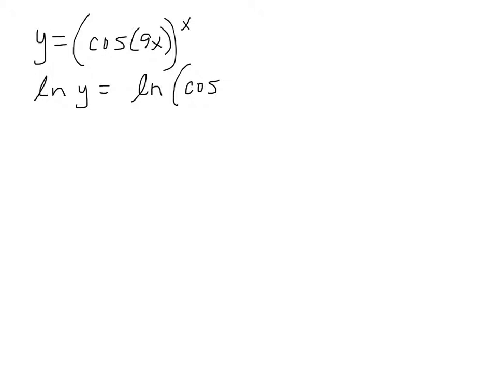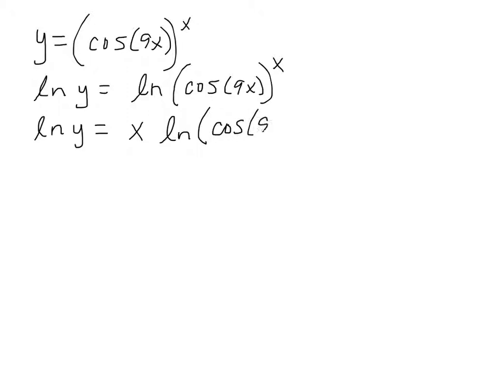So that would be ln of cosine of 9x to the x, and just like before, we'll bring down the x. And the left side differentiation will be 1 over y. And this is an implicit differentiation since we're getting the derivative with respect to x, but this is a function of y. And so I'll take the derivative, 1 over y times y prime.